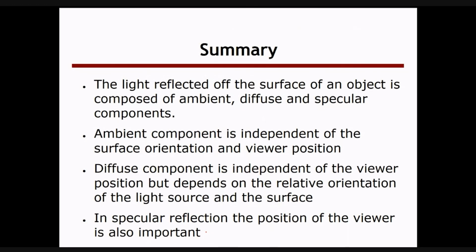So now the whole of this thing in one slide. That is the reflected light. The light reflected off the surface of an object is composed of ambient, diffuse, and specular components, as we have just seen, and based on that concept, we can model the light that we get out of that surface, from that object.